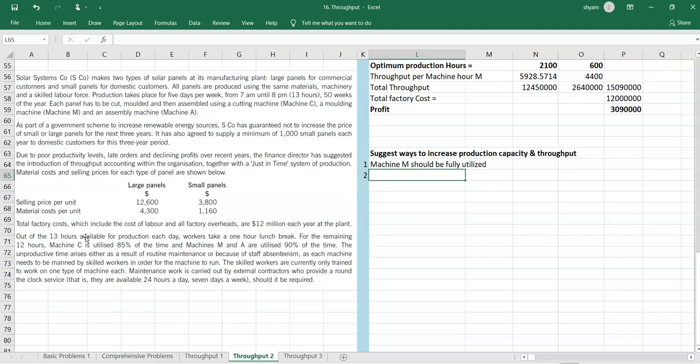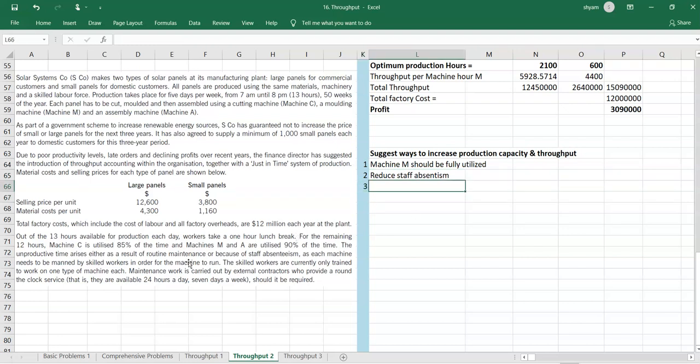The second: the unproductivity arises either as a result of routine maintenance or because of staff absenteeism. So reduce staff absenteeism, that would be another way to increase the total hours.